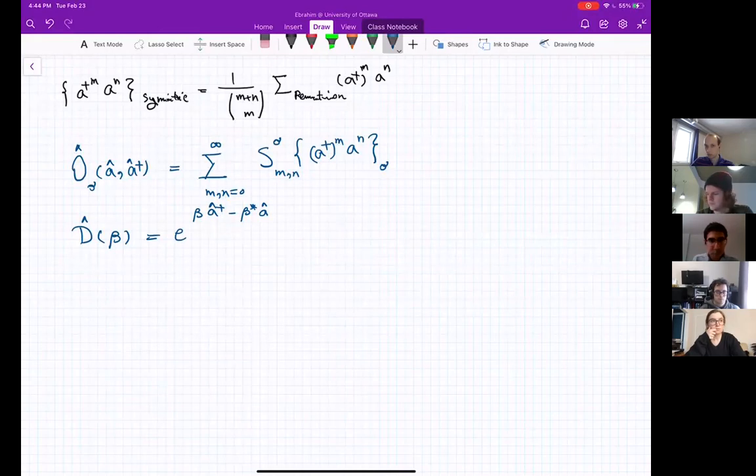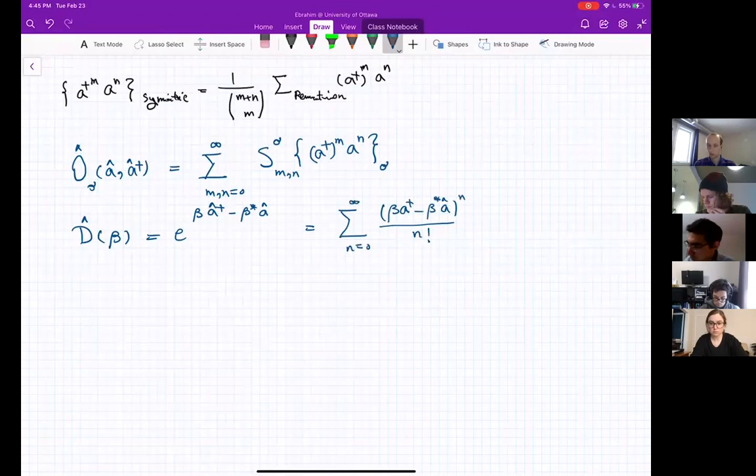You expand it first. Okay, let's do the expansion. It's the summation of beta A dagger minus beta star A power of n divided by n factorial, n changing from 0 to infinity. This is one way.